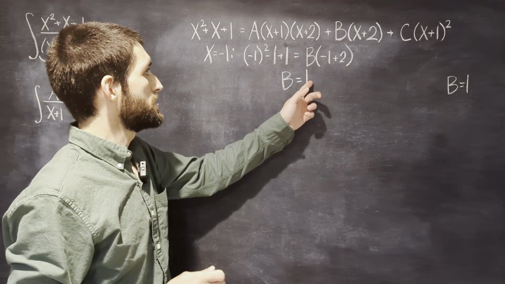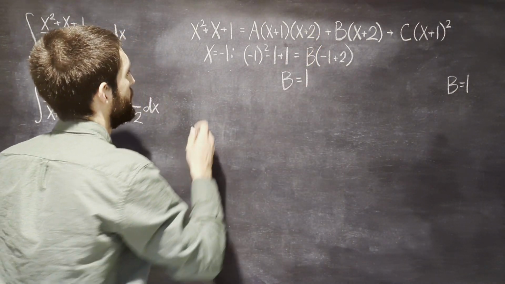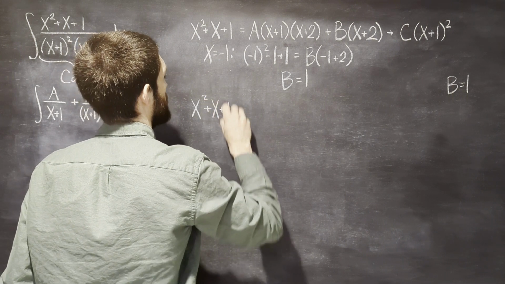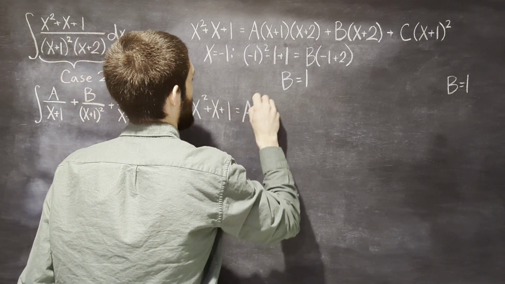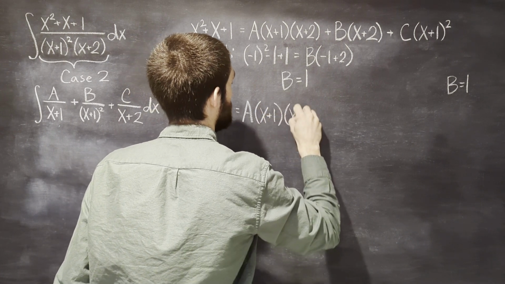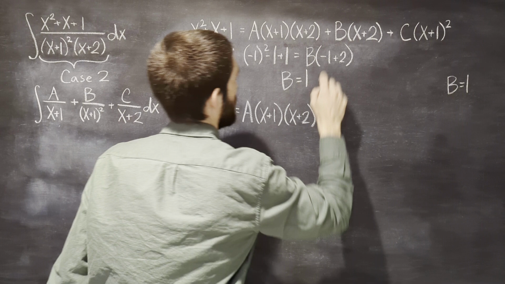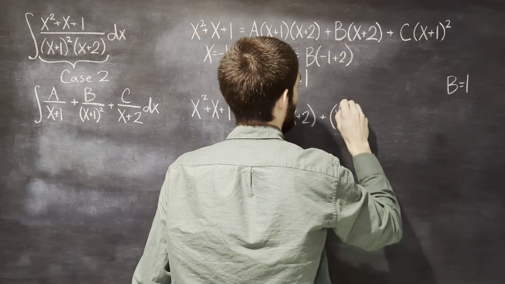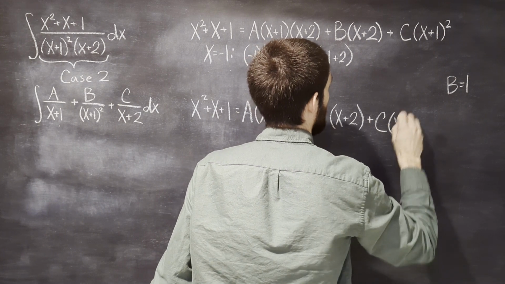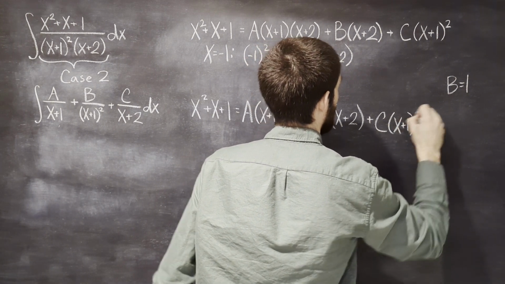And we can substitute this back into our equation. That will give us x² + x + 1 is equal to a times (x + 1) times (x + 2) plus 1 times (x + 2) plus c times (x + 1)².